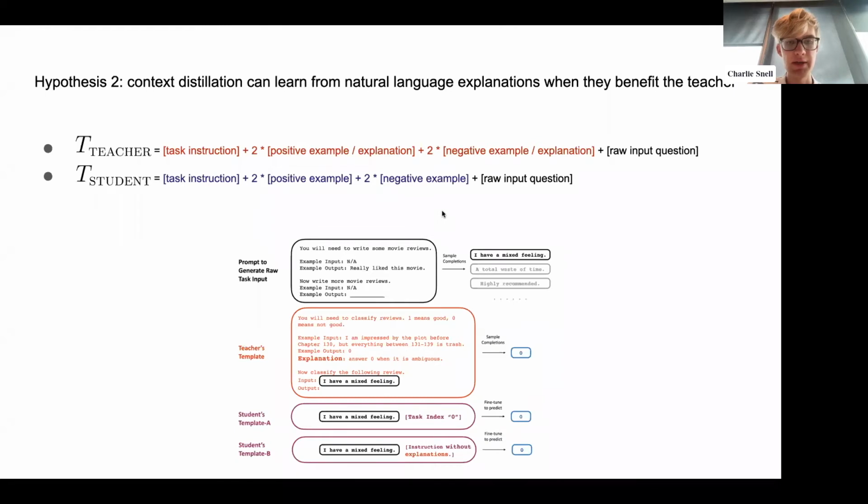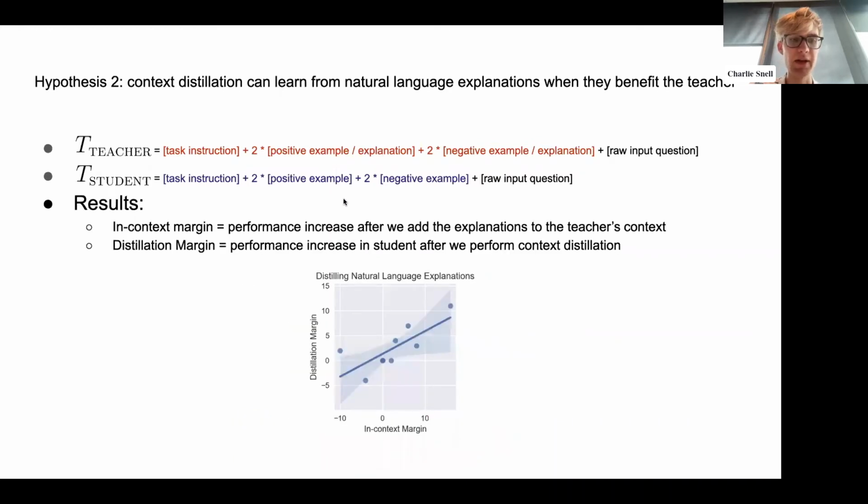So we're testing how we can internalize just the tokens from the explanation, and do they help the student? To evaluate this, we measure how much the explanations help the teacher, which is the in-context margin, and how much the student improves after distillation, which is the distillation margin.